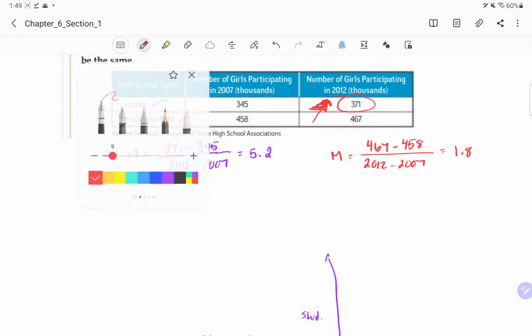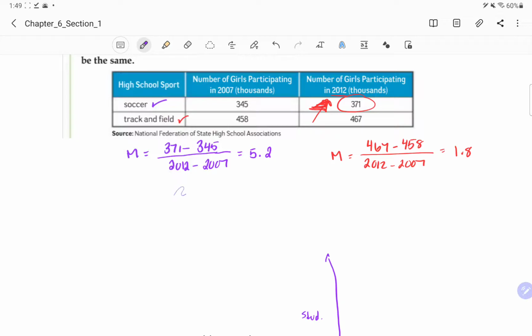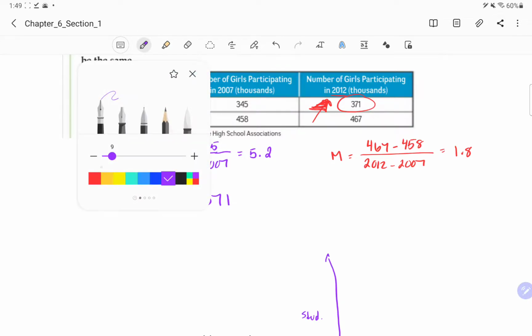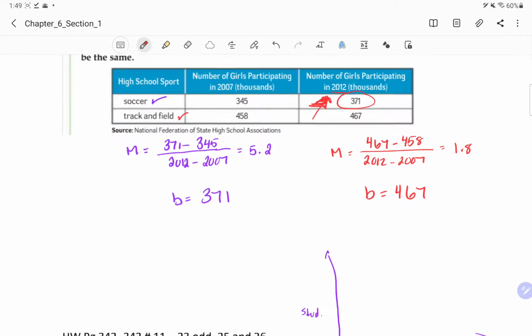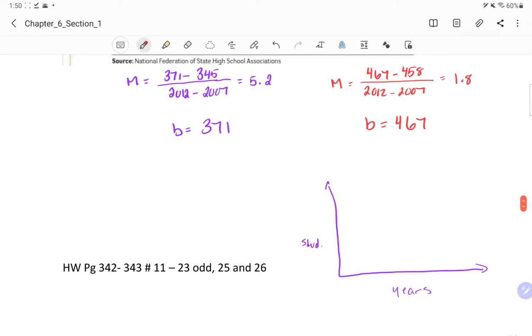So for my purple line, I have my m, and my b is going to be 371. For my red line, my b is going to be 467. All right. Then you're going to graph these.